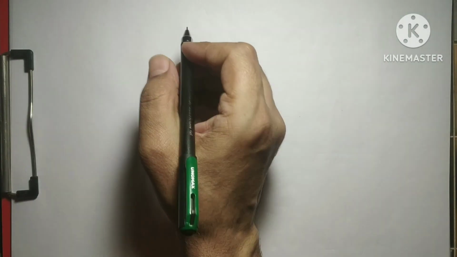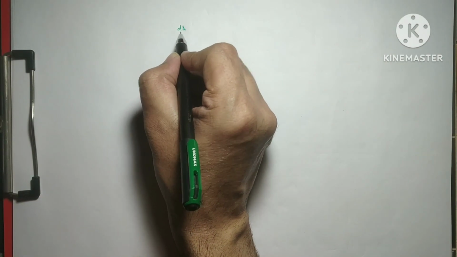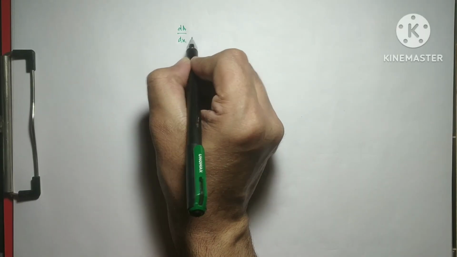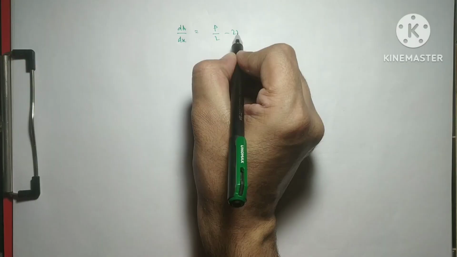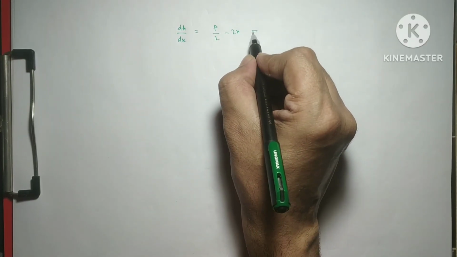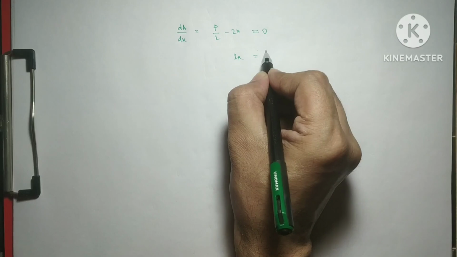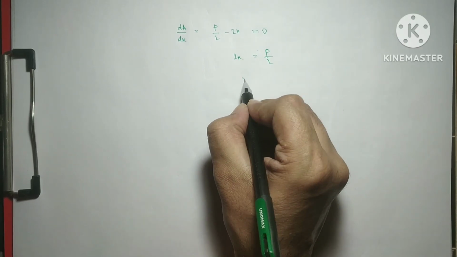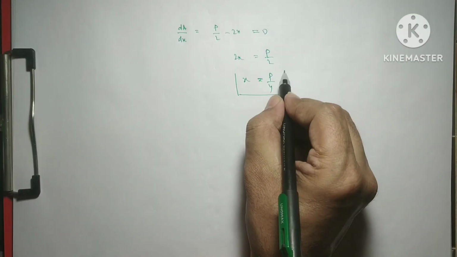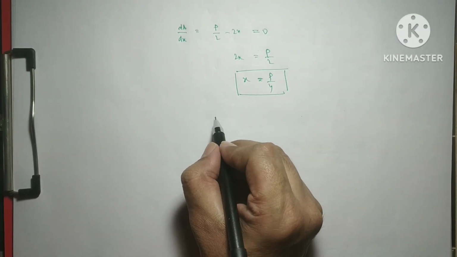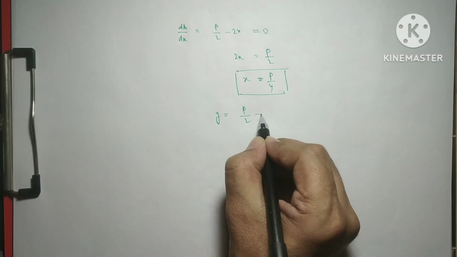Now for IC, intermediate condition, we place dA over dx, which is P by 2 minus 2x, equals to 0. So 2x equals to P by 2, x is P by 4. The value of x is P by 4, and as we know y is P by 2 minus x.